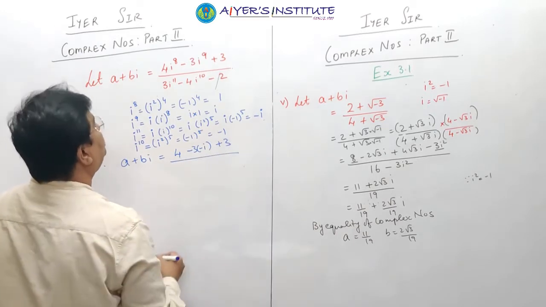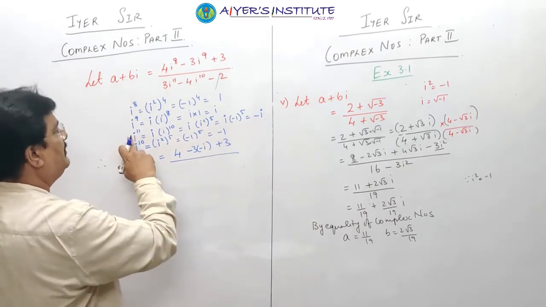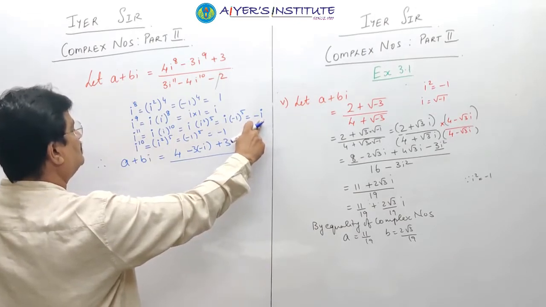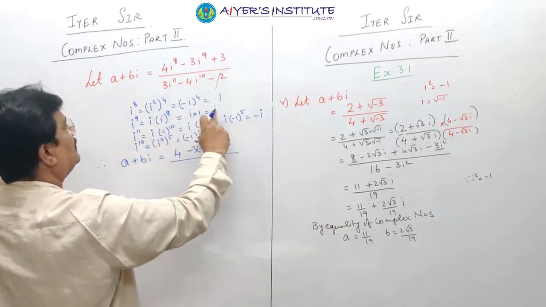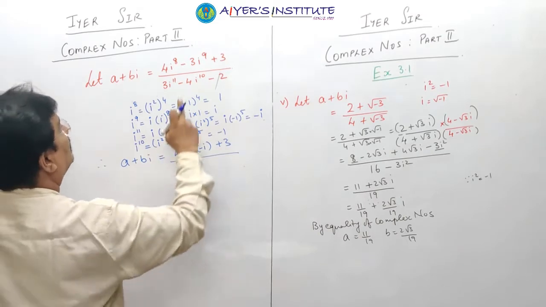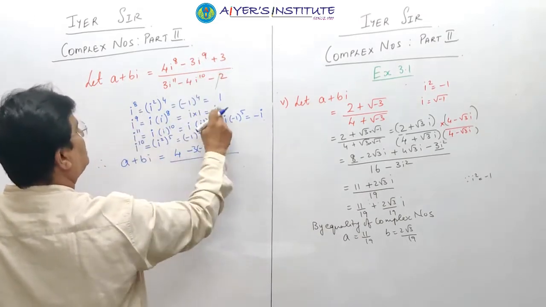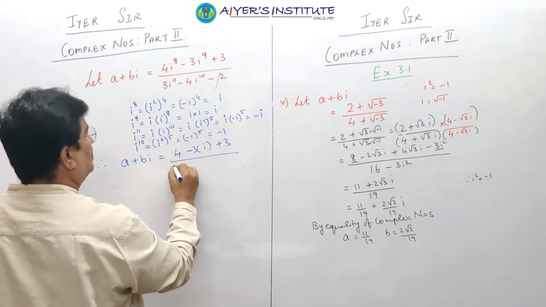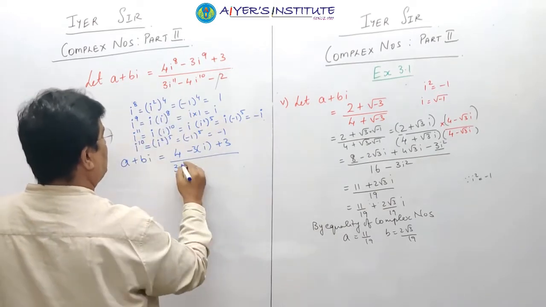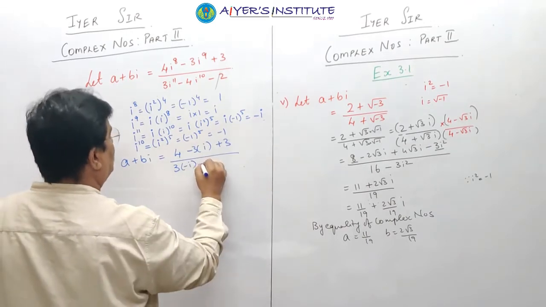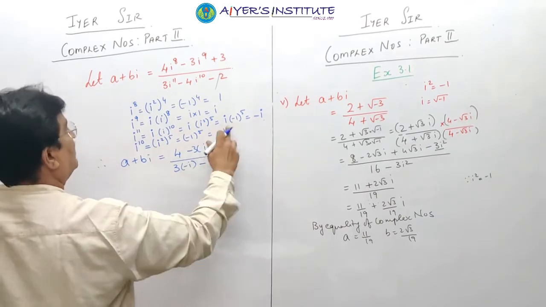For the denominator, i raised to 11 is minus i, i raised to 10 is minus 1.